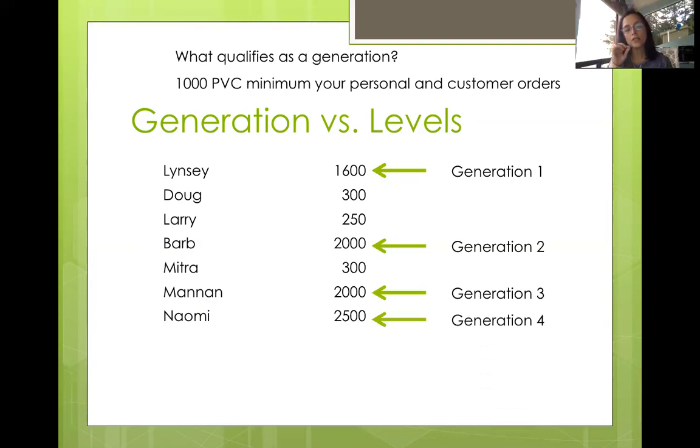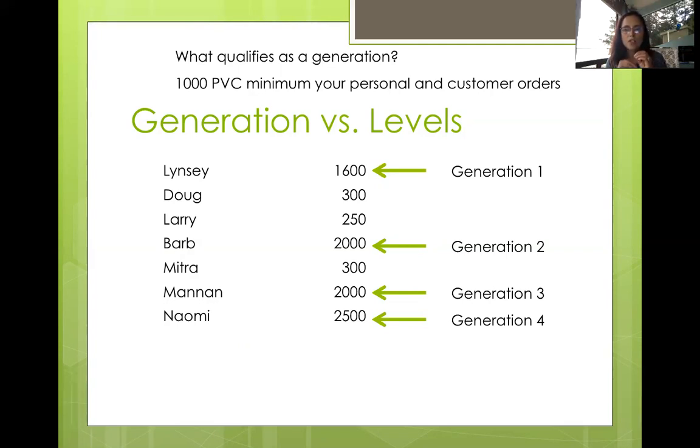And you still pick up money on Doug and Larry, but the computer doesn't stop paying you. So it's not like the first 5 people in that particular line of sponsorship where the computer stops. The computer might go down 30, 40, 50 people in order to find 5 legitimate generations. So actually there's a little bit of an error in this slide, because if I'm talking about Lindsay's check, Barb is her first generation.